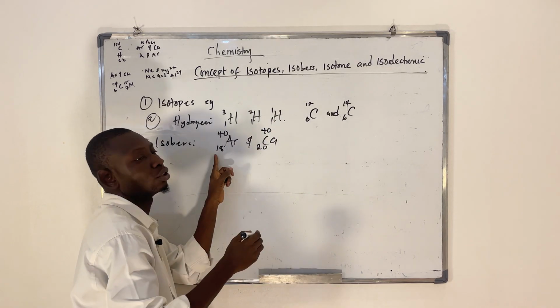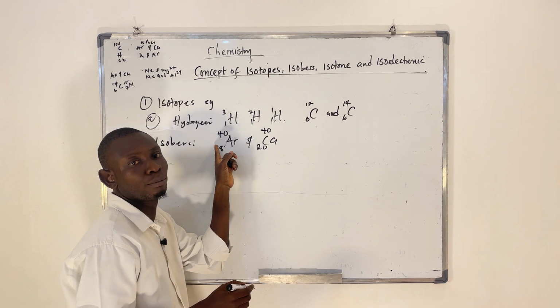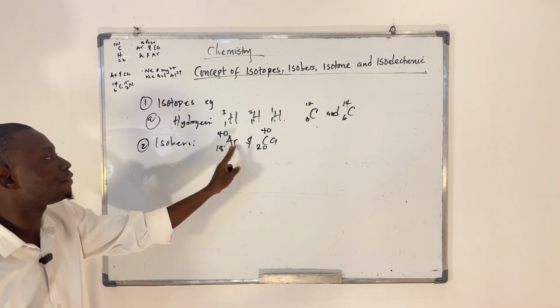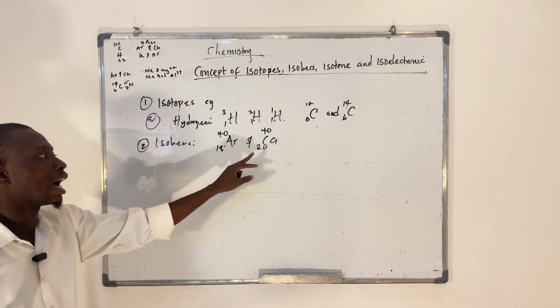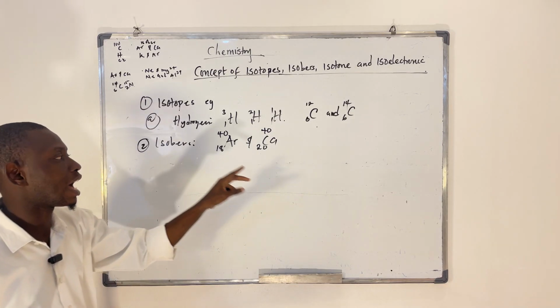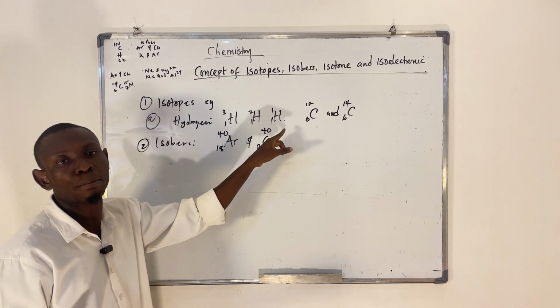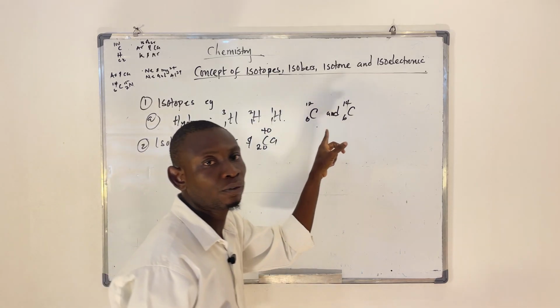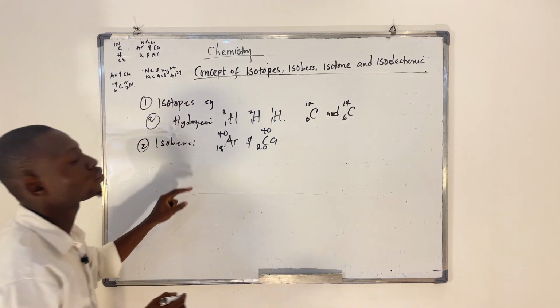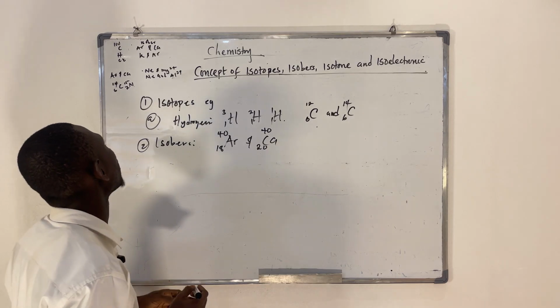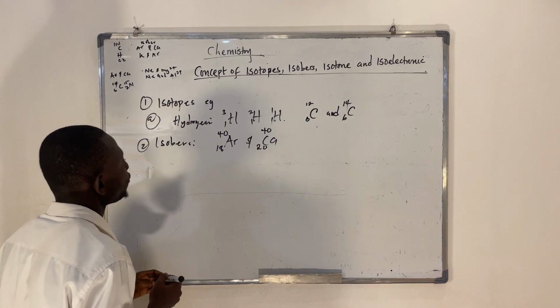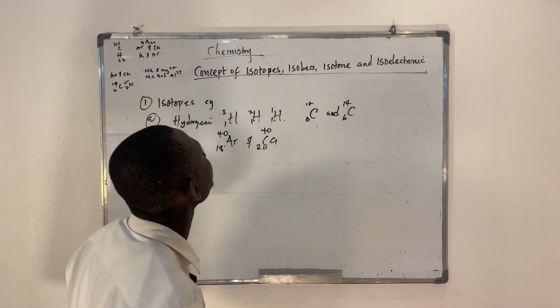This is the atomic number, while this is the mass number. Looking at it now, they are of different elements. Argon and calcium are of different elements, having the same mass number, 40 and 40, while having different atomic numbers. These are examples of isobar.